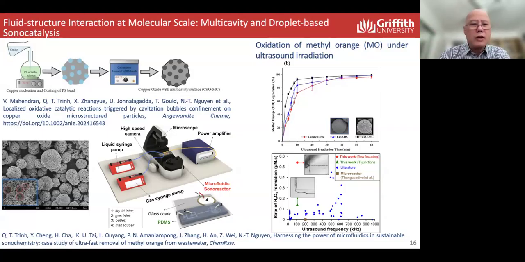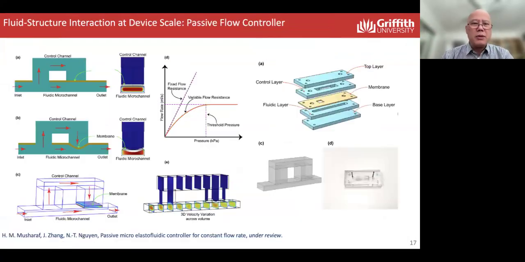There are still a lot of things to explore, and probably this is a new direction for, say, green sustainable chemical reactions, because the energy you put in is not chemical energy, it is mechanical energy. Just ultrasound excites things and then they come over the energy barrier of the reaction.